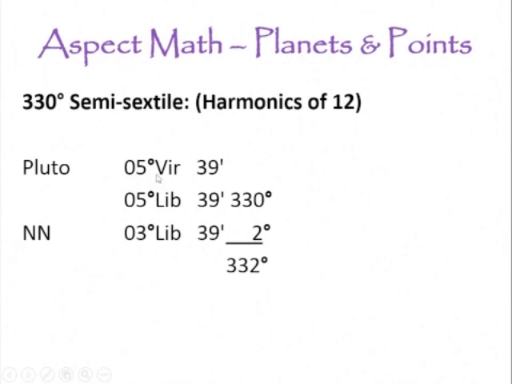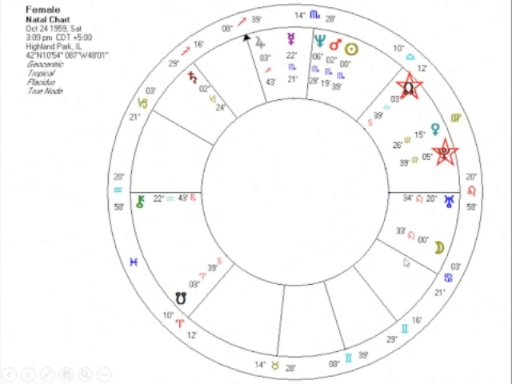But as you can see, Pluto's at 5 Virgo 39. We could reverse through the zodiac. You reverse counting your 30-degree increments with signs. And when we start with Virgo, and again, we go Leo, Cancer, Gemini, Taurus, Aries, and we reverse back there. We still go all the way to Libra.